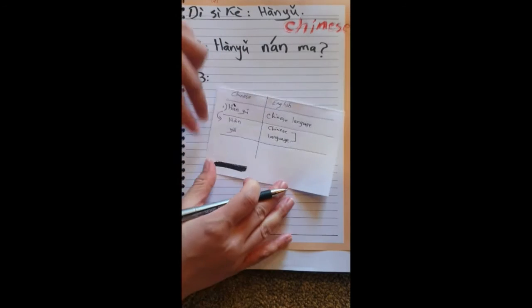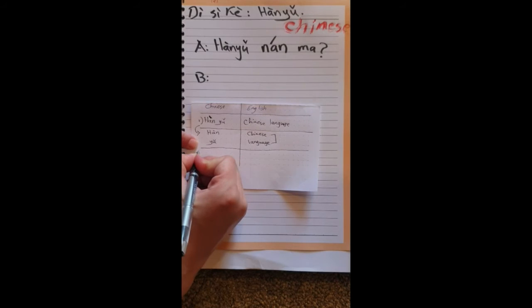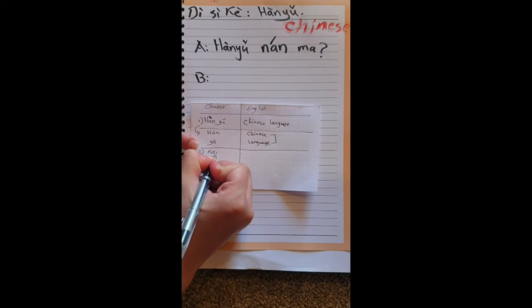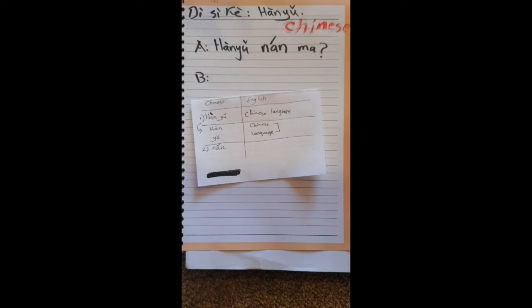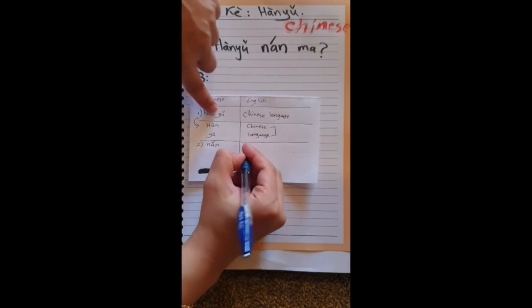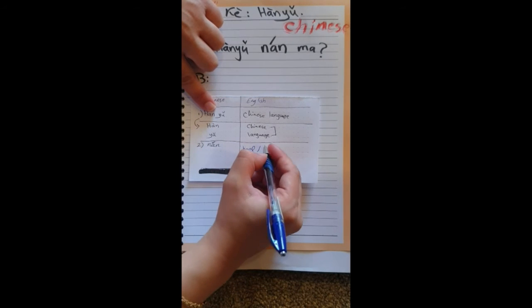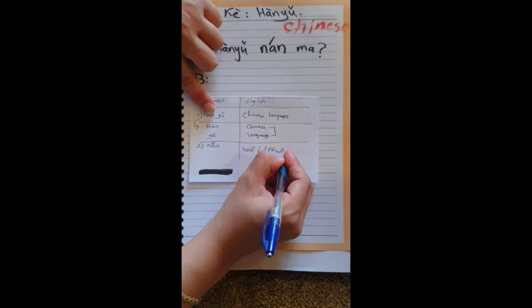So this is the first word for today. Hanyu. Now he continues asking him about Nan, which is number 2. So we're going to take another word today, which is Nan, which means hard, or we have another word, difficult.